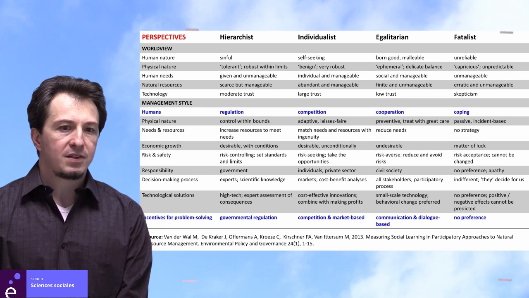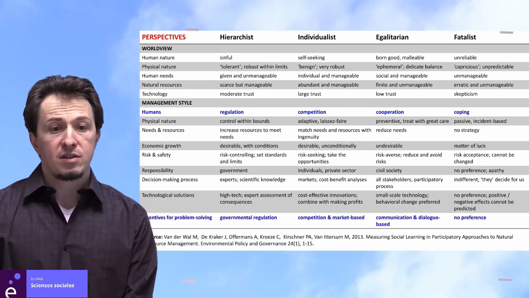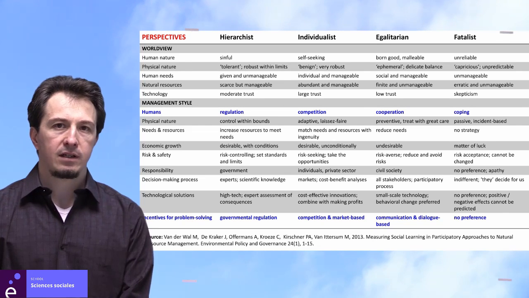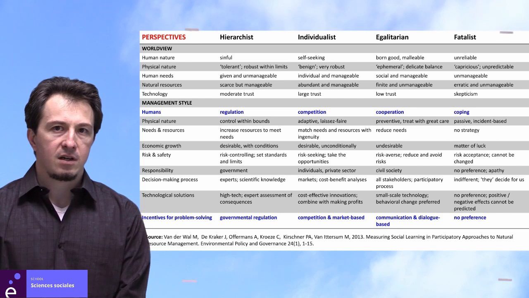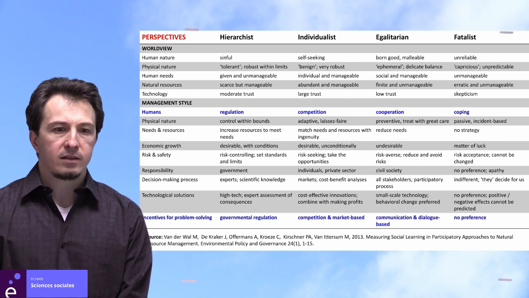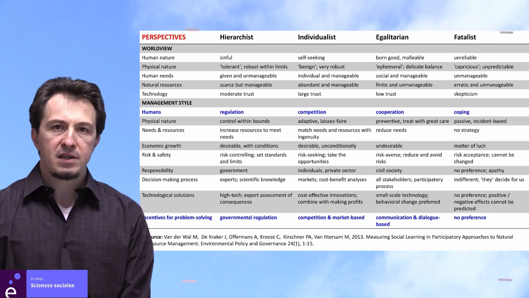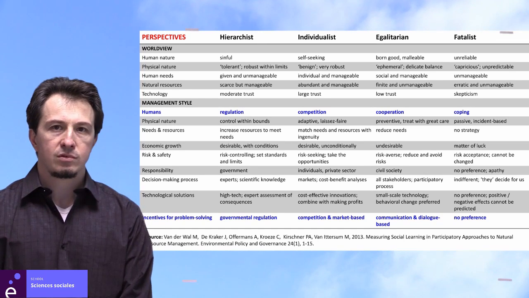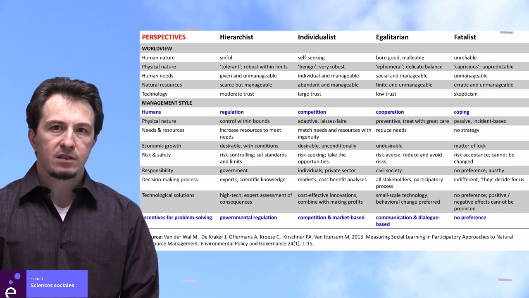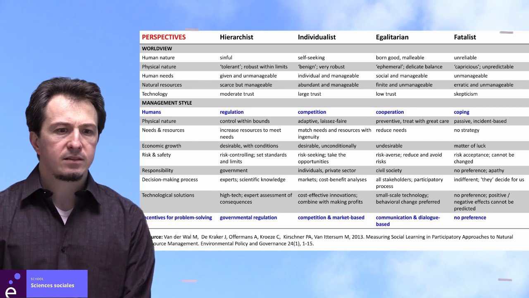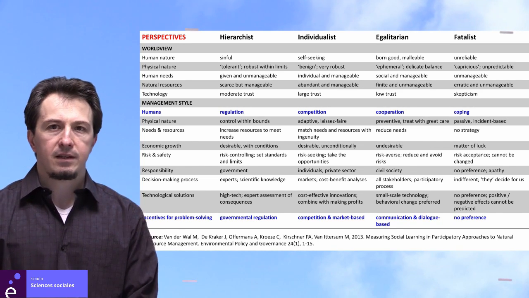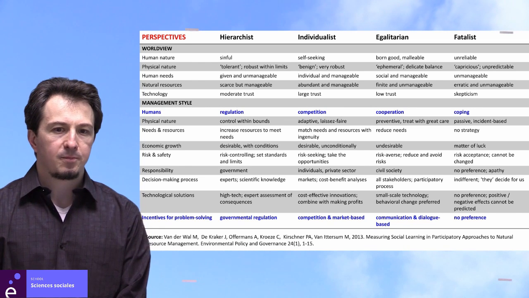The individualist one says, okay, human nature is self-seeking, meaning that each one should take care of himself or herself, and things should be done based on competition. The better products, the better project should win. And this is more adaptive and incorporates more freedom.